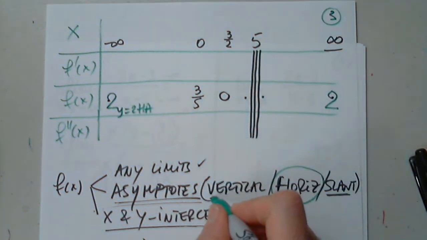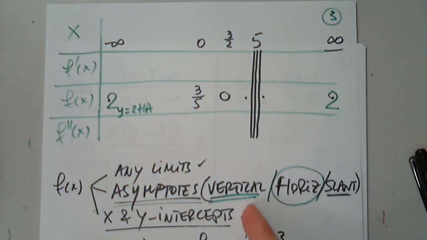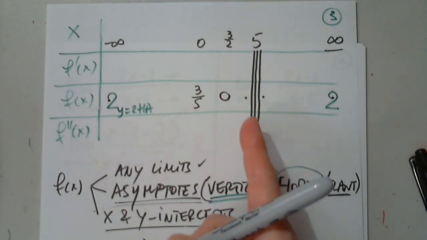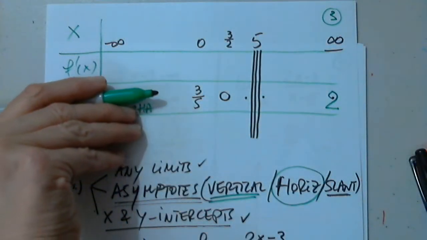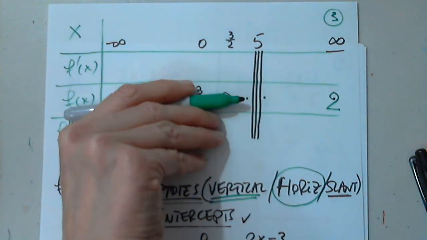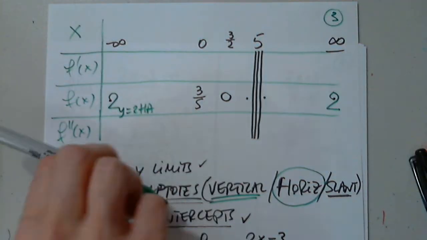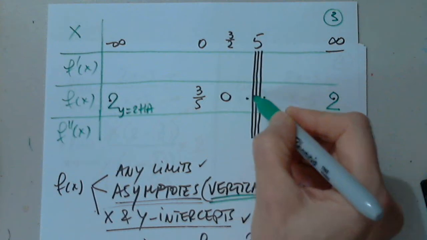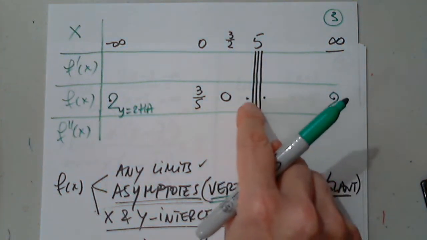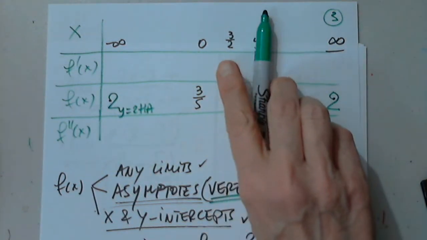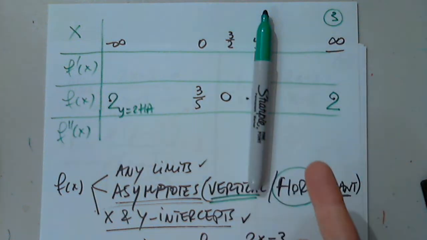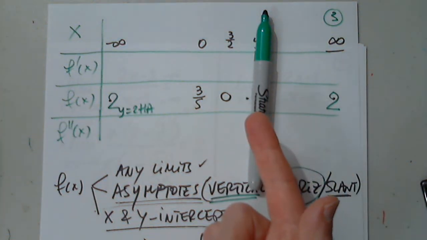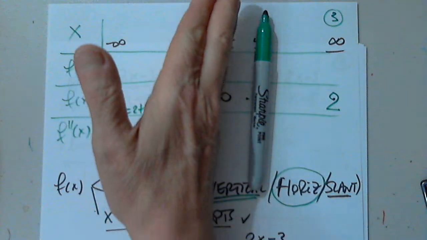And that will talk about vertical asymptotes. So I need to determine the limit as x approaches 5 from the left of the function and as x approaches 5 from the right of the function, because I don't know where the function is going here. It's undefined, but where is it going? It doesn't cross at 5. But is it going to positive infinity?